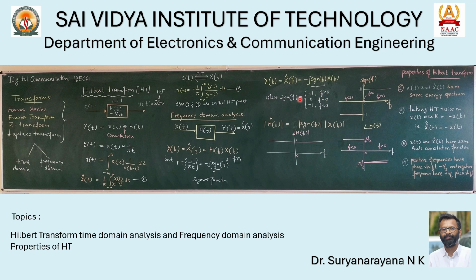If we consider the phase, for positive frequency the signum function has a positive value, but if we multiply that with the minus sign, we see the negative value here. For negative frequency it is minus 1.